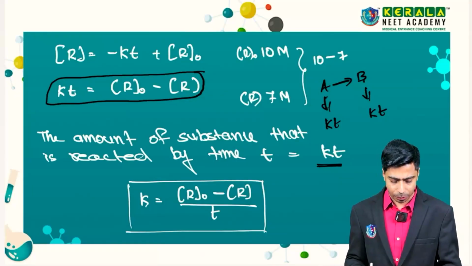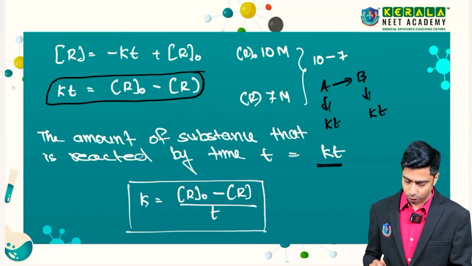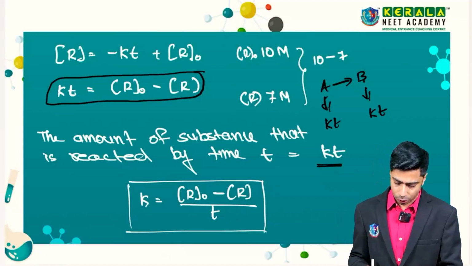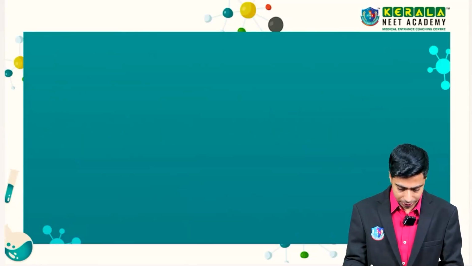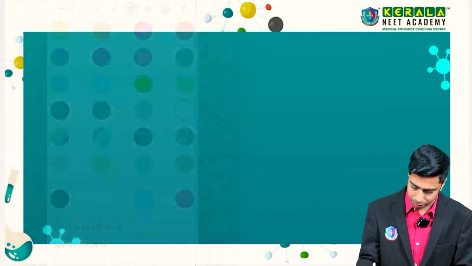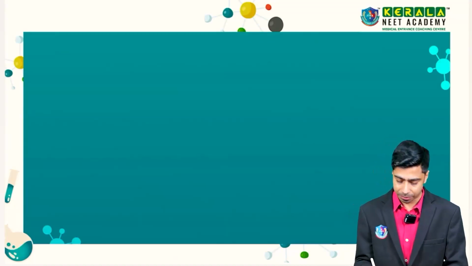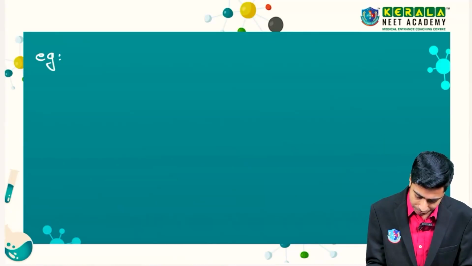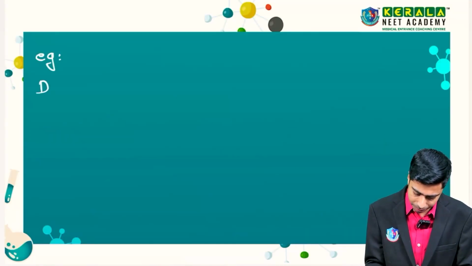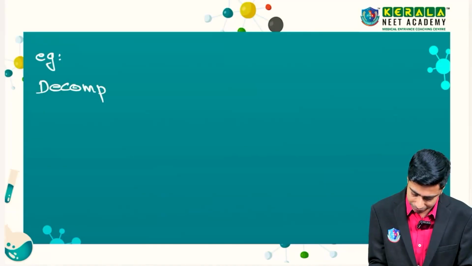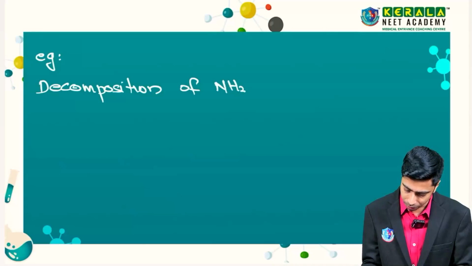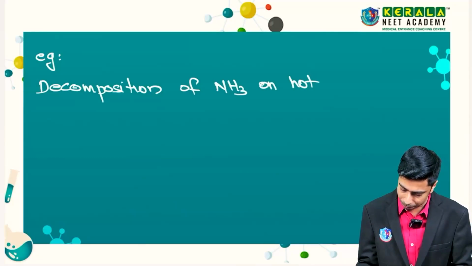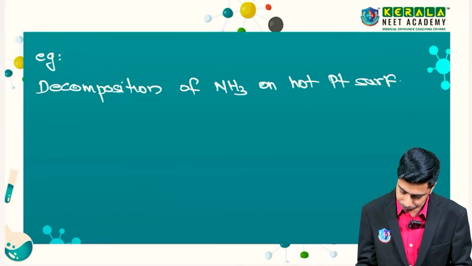Now we have to take some examples for a zero order reaction. The first example is the decomposition of ammonia, NH3, on a hot platinum surface.